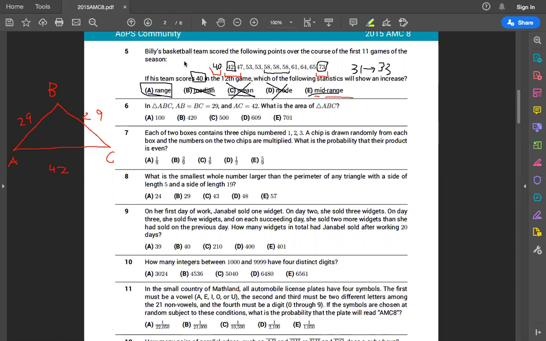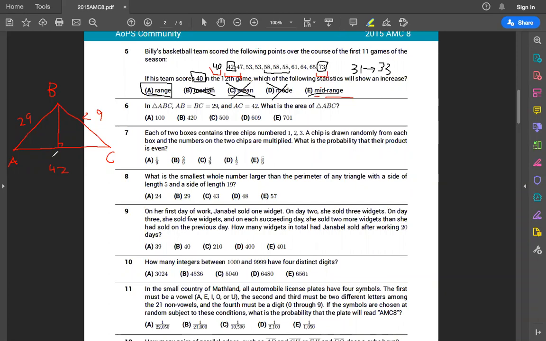Okay, back to question 6. So we had this isosceles triangle and we knew the side lengths. To find the area of a triangle, we like to use the formula base times height divided by 2. So we want to draw a height, and this height will be perpendicular.